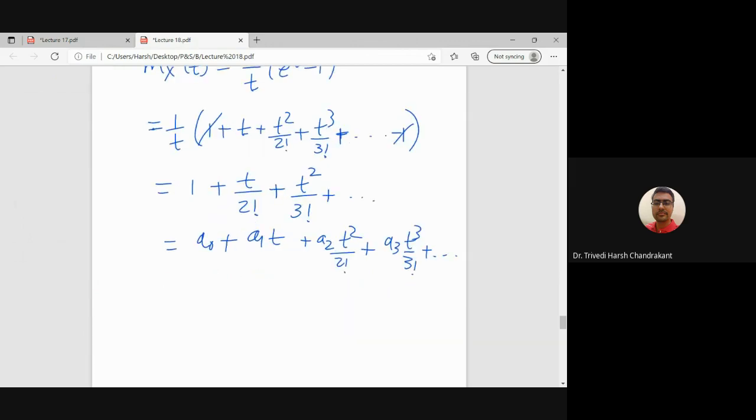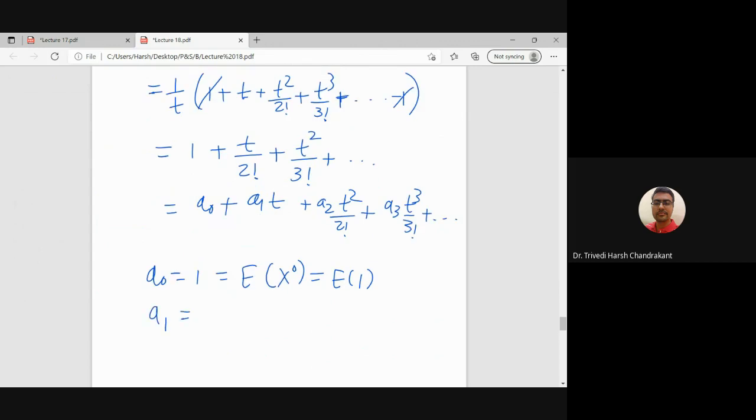Now if you compare this term by term, what is a0? a0 is 1. That is the expectation of x^k where k is 0, because for a0, k is 0. So that is x^0, which is exactly the expectation of 1, which we already know is 1 always.